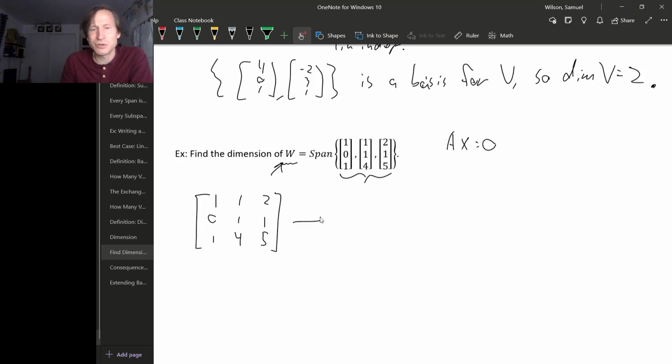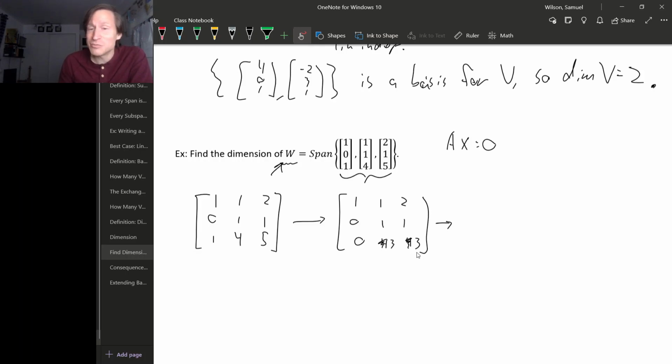So let's just do a quick row reducing. We're going to have to subtract row 1 from row 3. So that's going to make this 0, and that's going to make this 3, and this one also 3. All right.